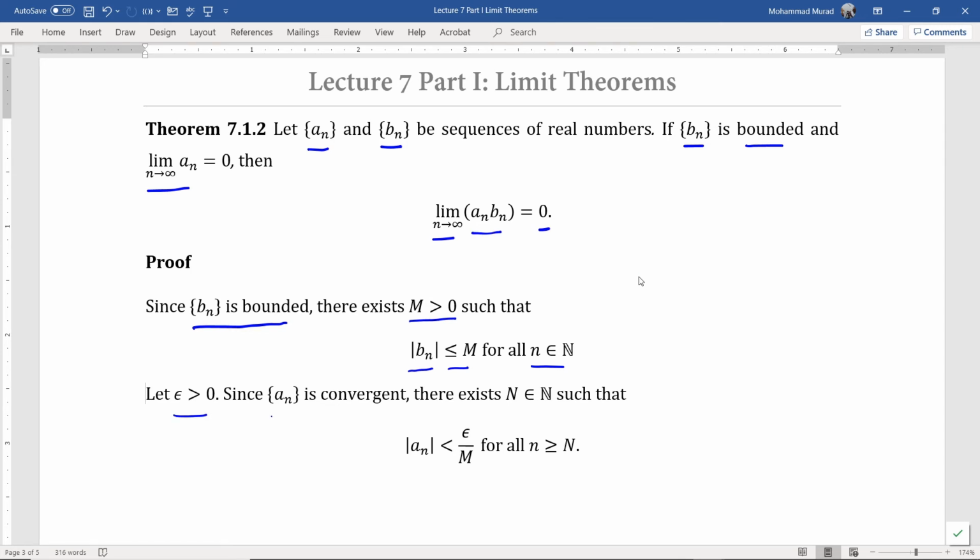Since the sequence a sub n is convergent, there exists an index capital N in the set of natural numbers such that the absolute value of a sub n is smaller than epsilon over m for all indices n greater than or equal to capital N.